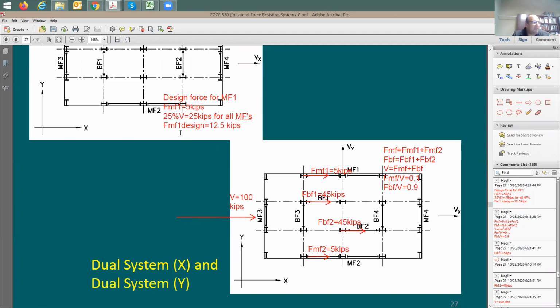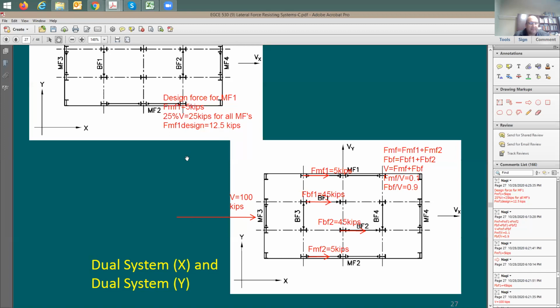I don't want someone to come here and say F_MF1 negative design equals no. So is their capacity 12.5 kips, or is this the demand? This is going to be the demand force that you need to design for. The capacity could be higher. Okay. So we're done with this example.